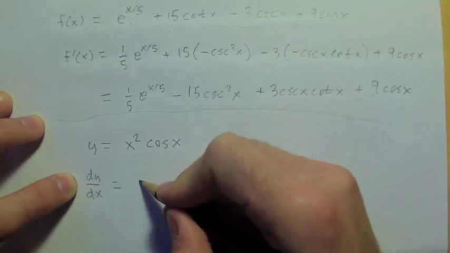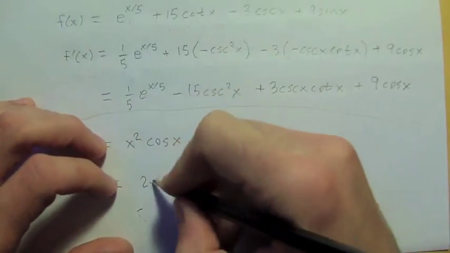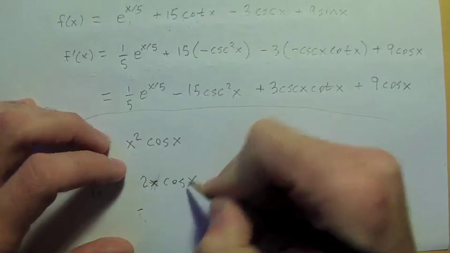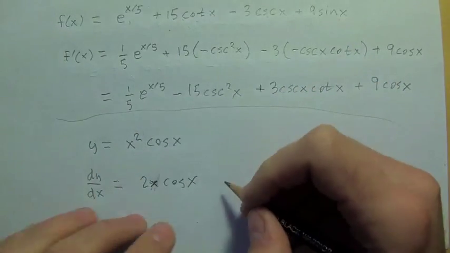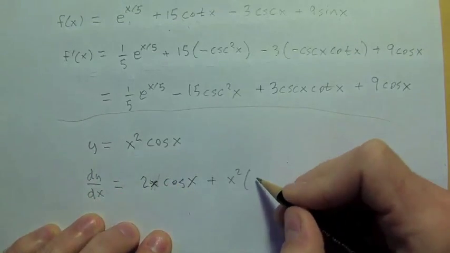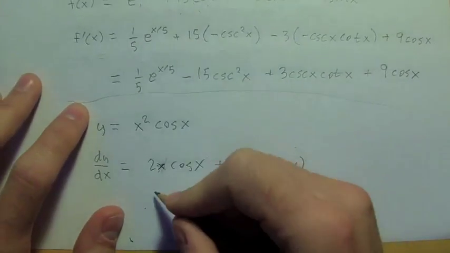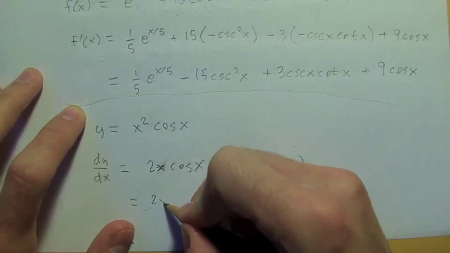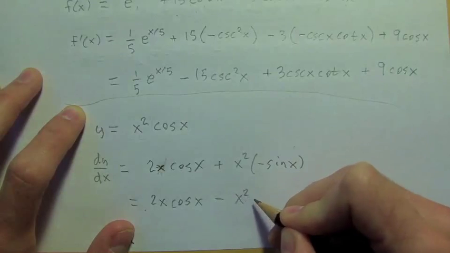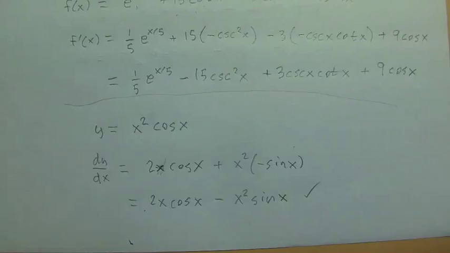The first guy is x squared, so that will be 2x times the second guy left alone, plus the first guy left alone times the derivative of the second guy, which would be negative sine of x. So to finish this off, this is basically just 2x cosine x minus x squared sine x. And that is that.